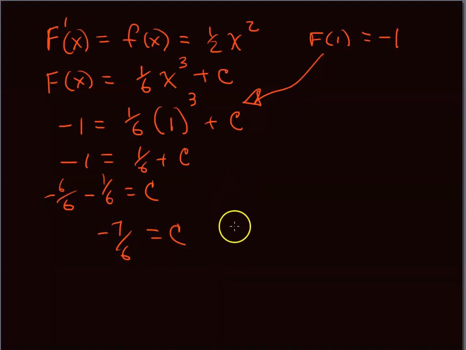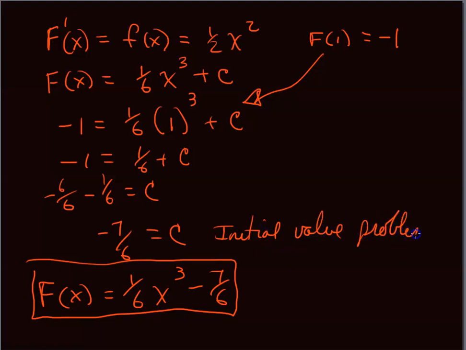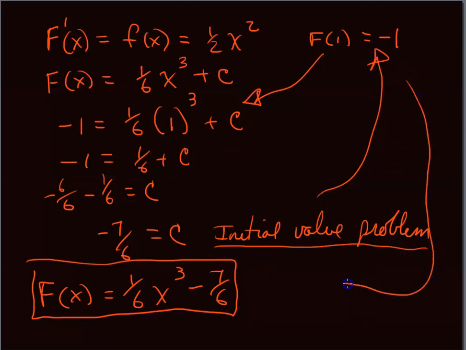And now our function becomes 1/6 x cubed minus 7/6. And that gives you the exact antiderivative. It's what they call an initial value problem. So when they ask you to solve this initial value problem, they must give you information so that you can come up with the exact antiderivative.